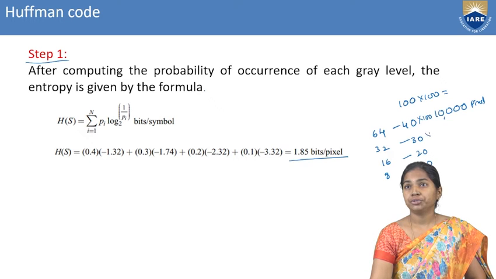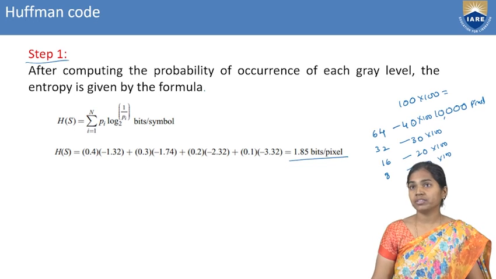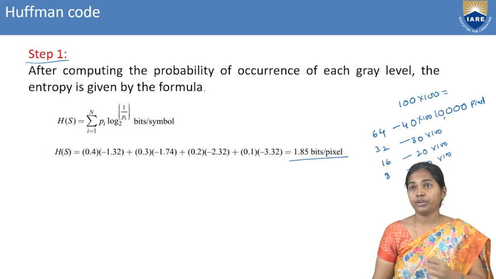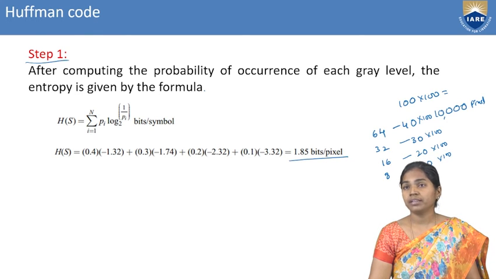We are getting 4,000 by 10,000, so the probability value is 0.4. 3,000 by 10,000, the probability value is 0.3. 2,000 by 10,000, the probability value is 0.2. And 1,000 by 10,000, the probability value is 0.1.